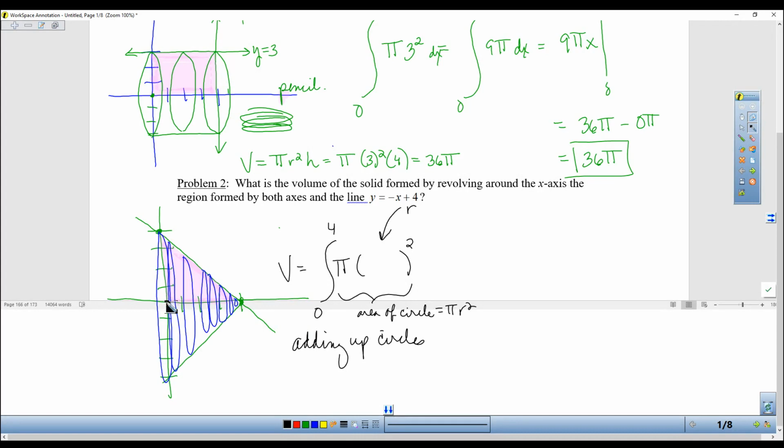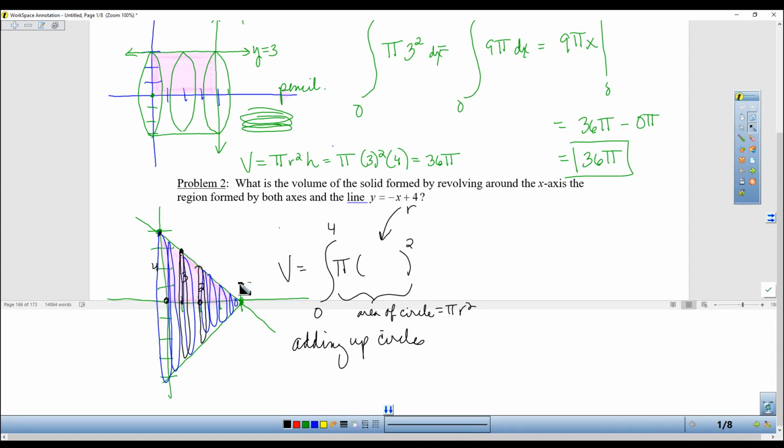Well, at 0, the radius is 4. And I know that at 1, the circle that happens right here at 1, the radius is 3. And then here at 2, for this circle, the radius is 2. I'm using this formula right here.